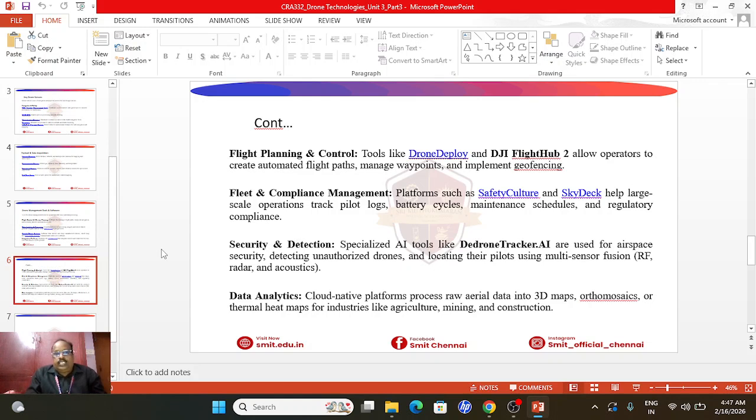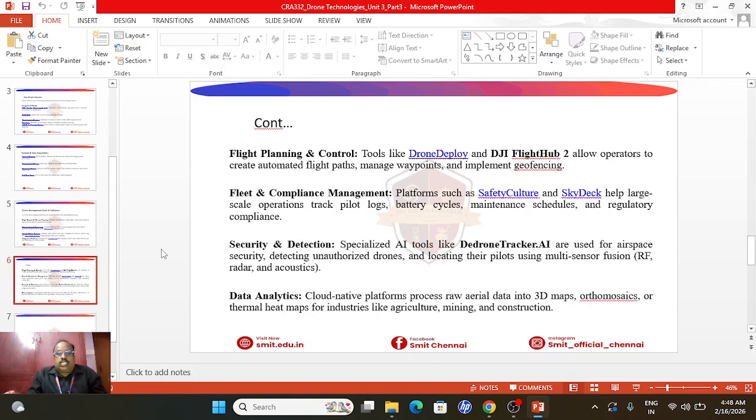Fleet and compliance management platforms such as SafetyCulture and Skydeck help large-scale operations track pilot logs, battery cycles and maintain schedules. What are the schedules and regulatory compliance? This comes under the compliance management tools.